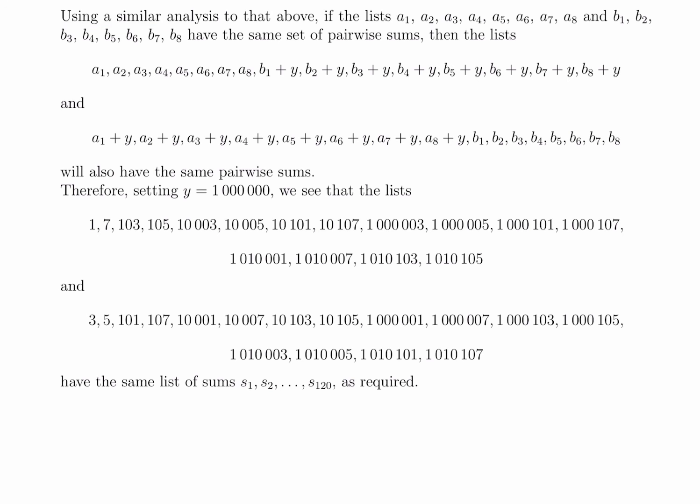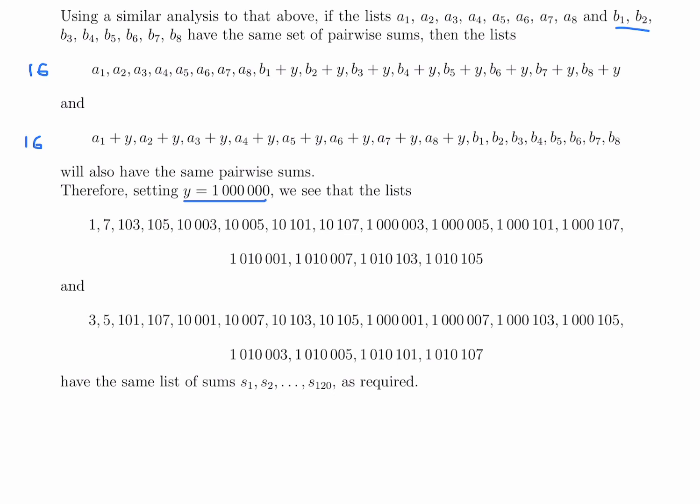Using a similar analysis to that above, if the lists A1 through A8 and B1 through B8 have the same set of pairwise sums, then the lists A1 through A8 with B1 through B8 where you add y to each term for the B's, and this is 16 terms, and A1 plus y, A2 plus y, all the way to A8 plus y with B1 through B8, another 16 terms, will also have the same pairwise sums.